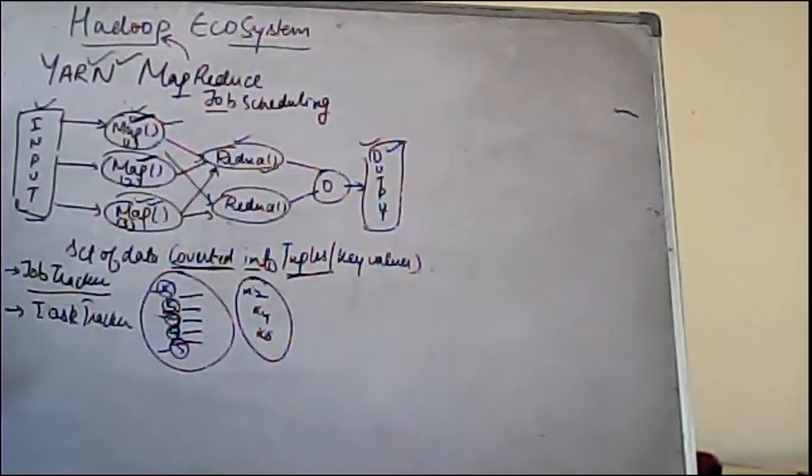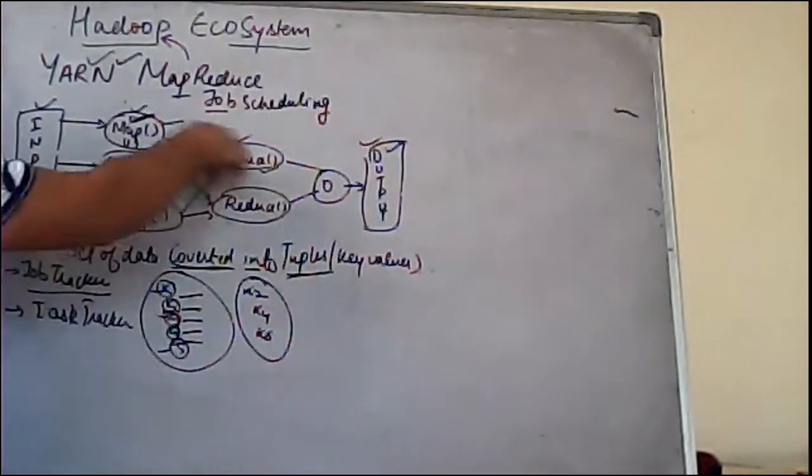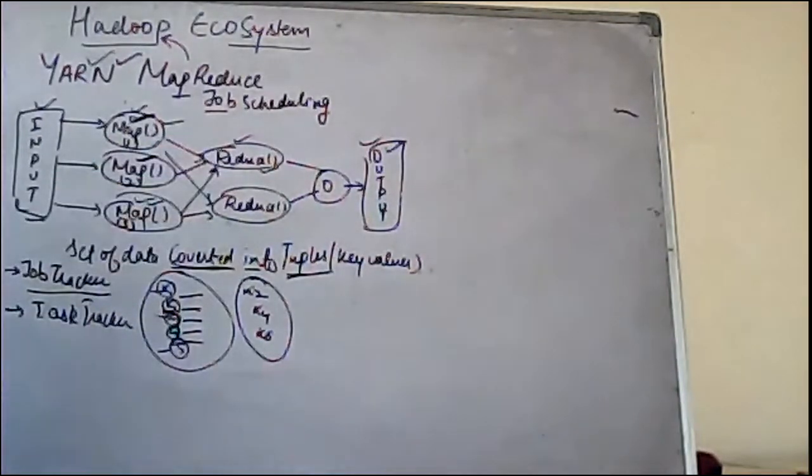HDFS is used to store. This is used for your distributed processing and parallel processing. Your MapReduce will be used for your distributed processing. Distributing is there, and also processing is there, and your key values will be accepted. That is your process. This is the functionality of your YARN.